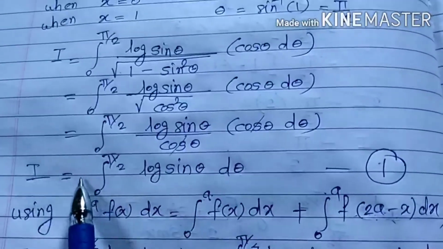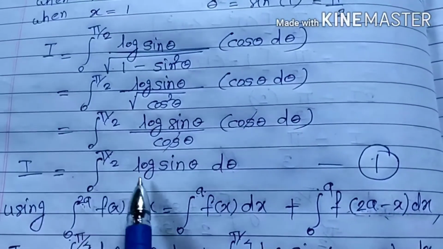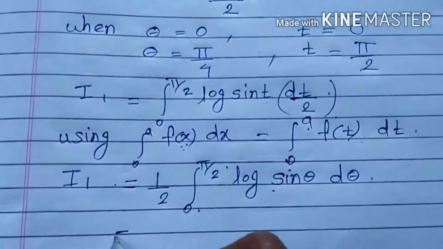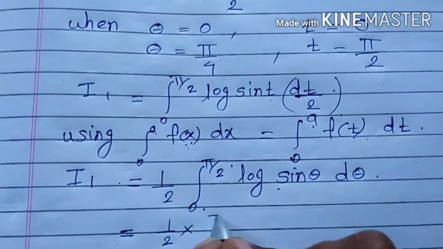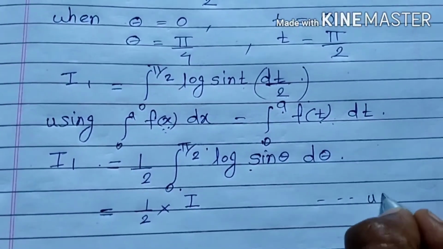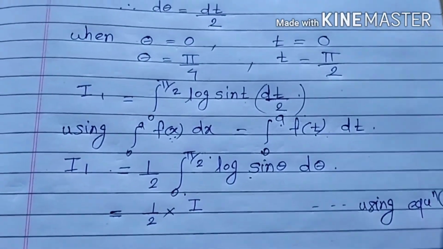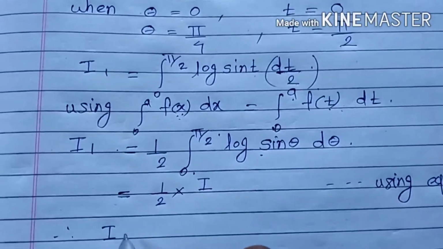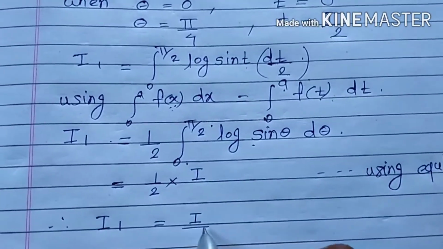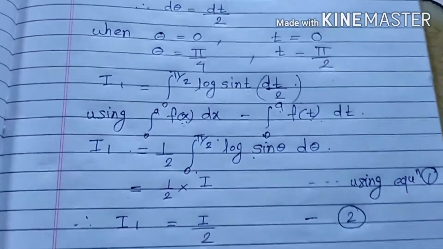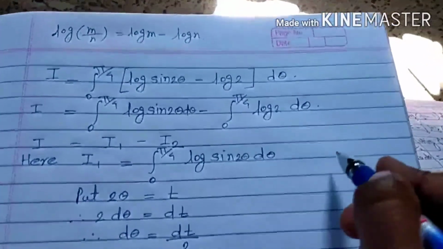You can observe that this integral is I from equation first, so it is 1 by 2 into I. Therefore I1 is equal to I upon 2. This is equation 3.